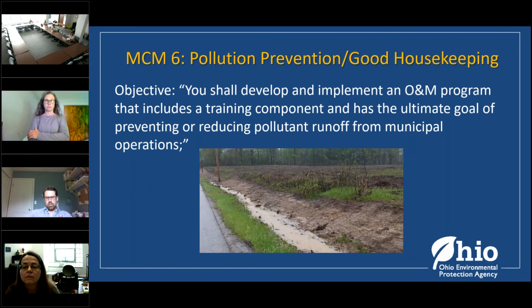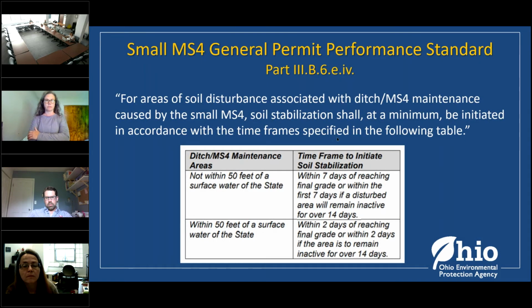And within this minimum control measure, we now have a new performance standard that is about ditch maintenance. And what the permit says is, for all areas of soil disturbance associated with ditch or MS4 maintenance caused by the small MS4, soil stabilization shall be initiated in accordance with the timeframes specified in the table.